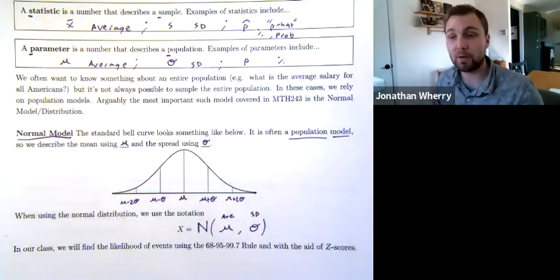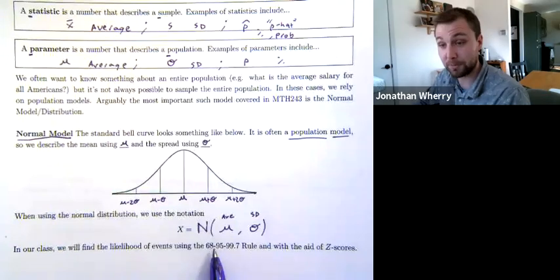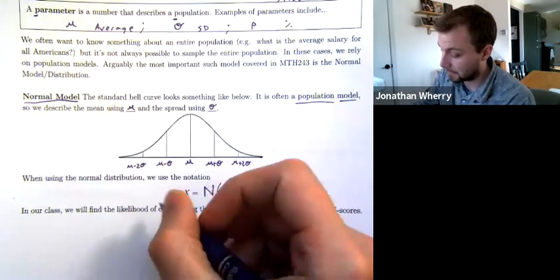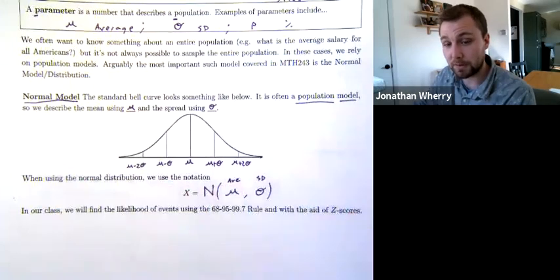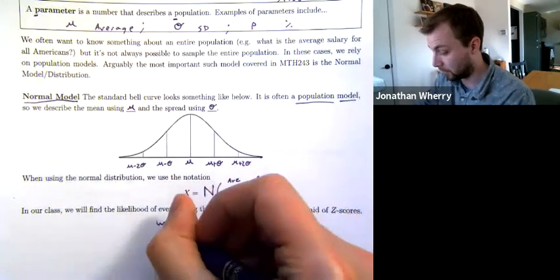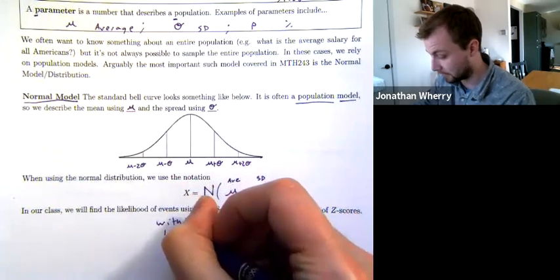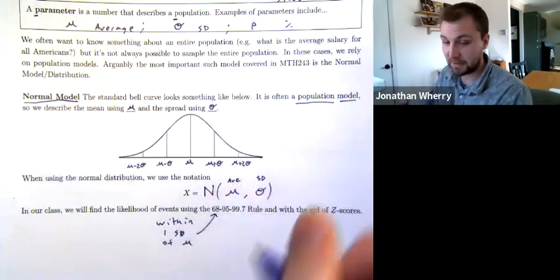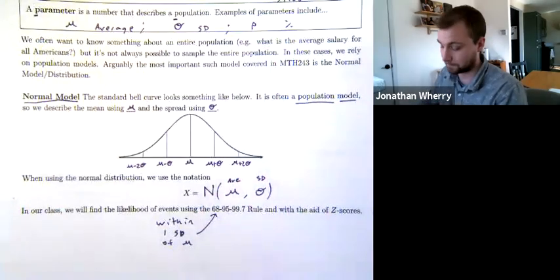And the nice thing about the normal distribution is that it follows really strict area rules. One of those strict area rules is called the empirical rule or the 68, 95, 99.7 rule. Here's how this works. I'm just going to write it down briefly and then we'll look at some examples. If I am within one standard deviation, one SD, of the average, I have 68% of my data.